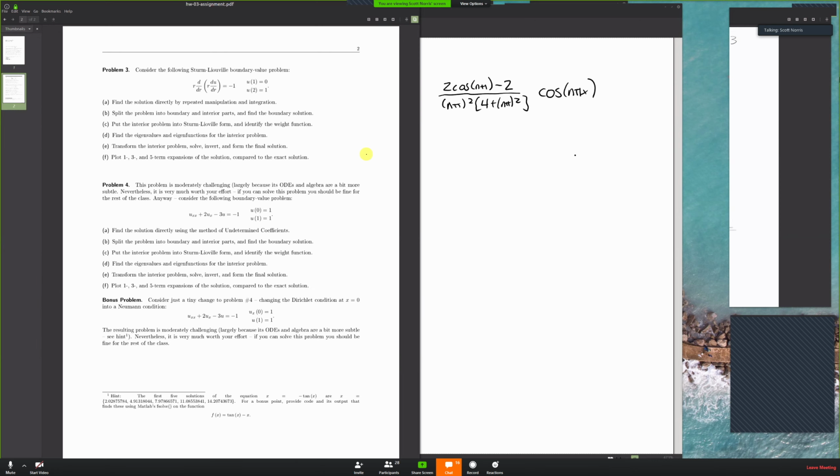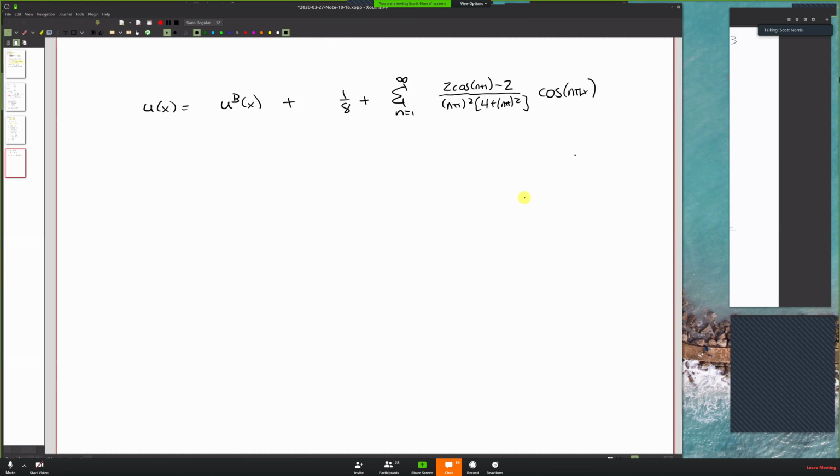But when we want to actually solve things, Sturm-Liouville form is not that helpful. So we want to multiply that out. What is r times d by dr of r du dr? Well, that's r times, what's the derivative of this product?